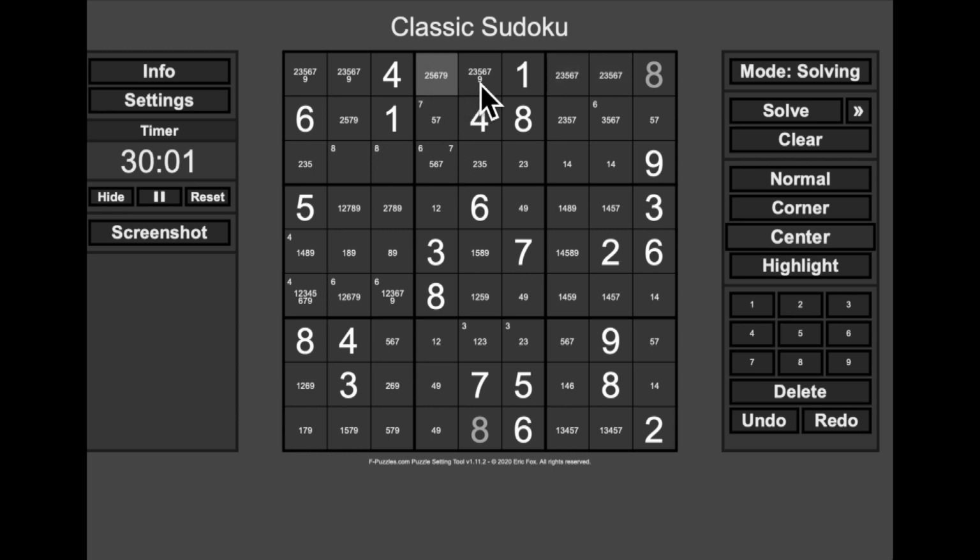That's not 3. That's not 7. But it could be anything else. I think. 2, 3, 5, 6, 9. There's nothing preventing this from being any of the digits.